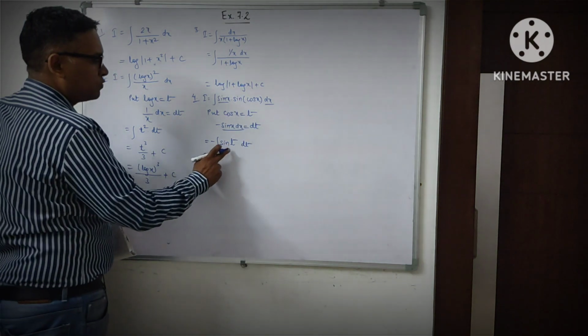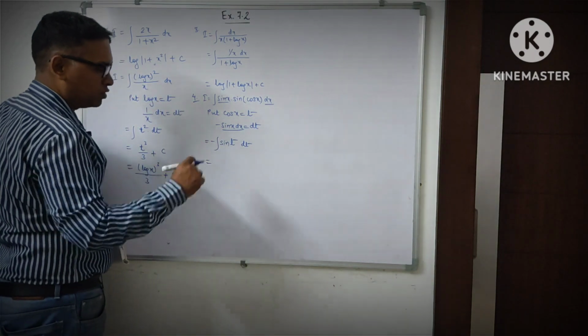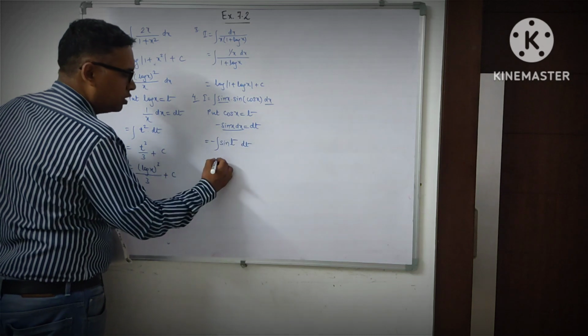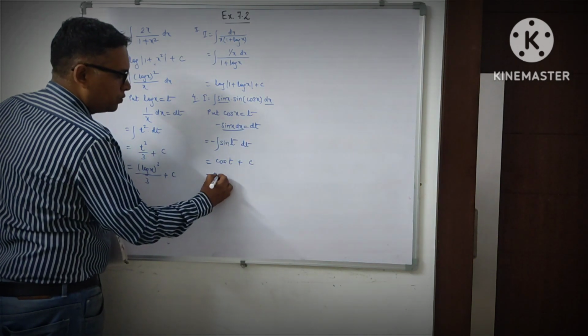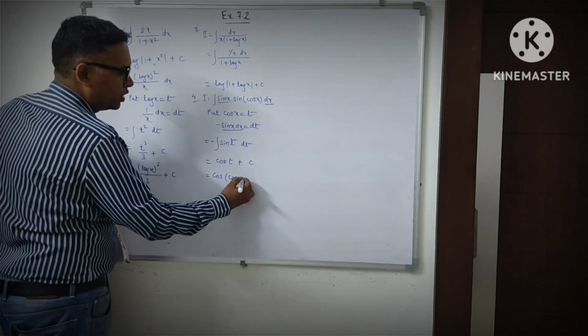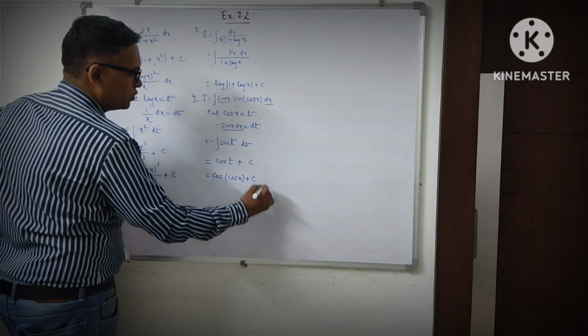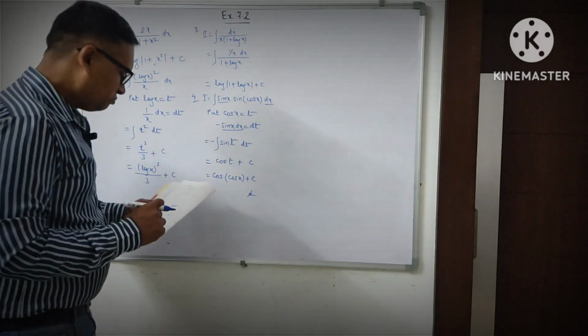Now what is integration of sin t, my child? The integration of sin t is minus cos t. Already we have minus sign, so minus of minus will become plus. So cos of, now we have to replace t by the original one, that is cos x plus c. This completes our question number 4.